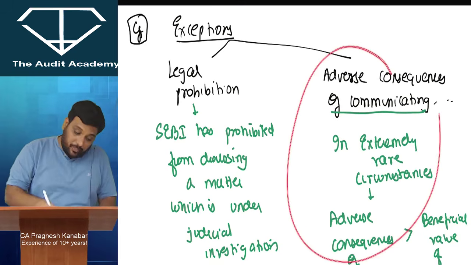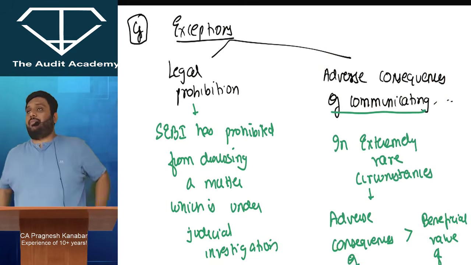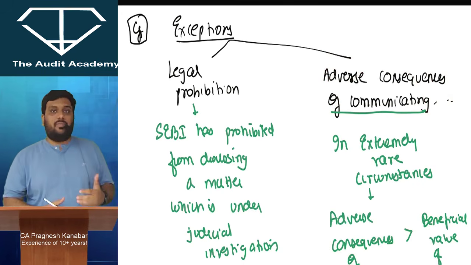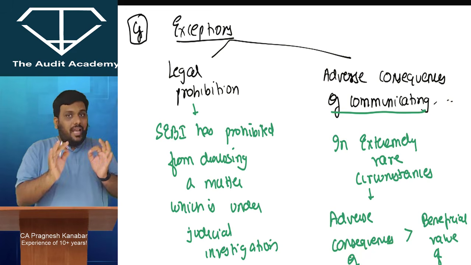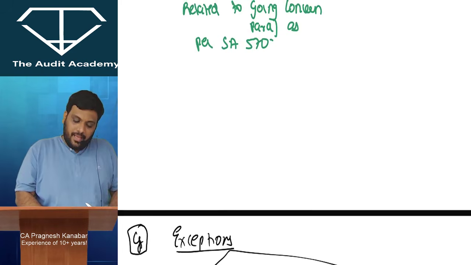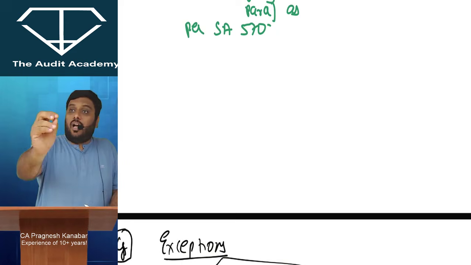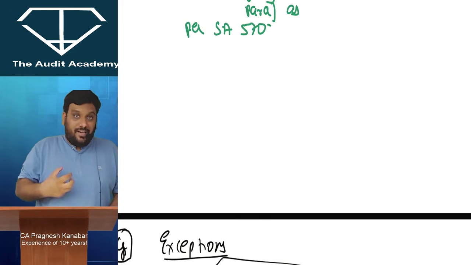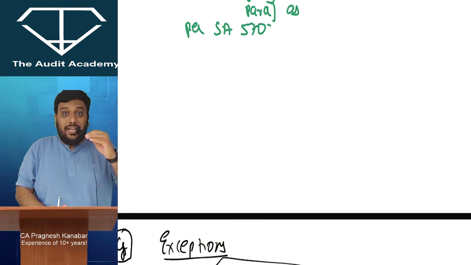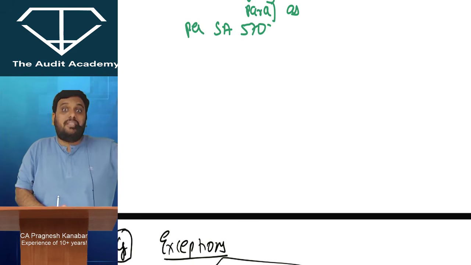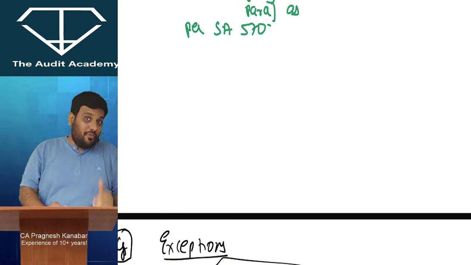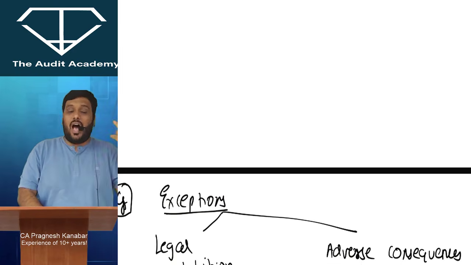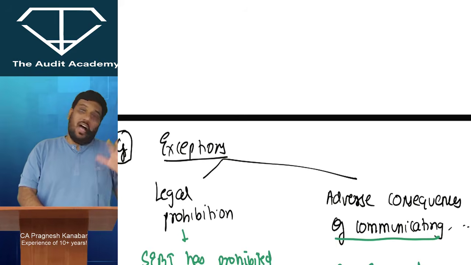Now, there is one more exception. This has never been asked in exams, and I really don't think they will ask this because it is very technical. Still, I will explain it in simple words. When you are going to communicate about something, you should be confident that it will lead to understanding and not misunderstanding. If the matter is still half known, half complete, then half knowledge is dangerous.